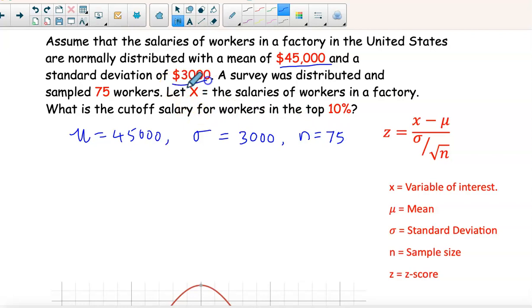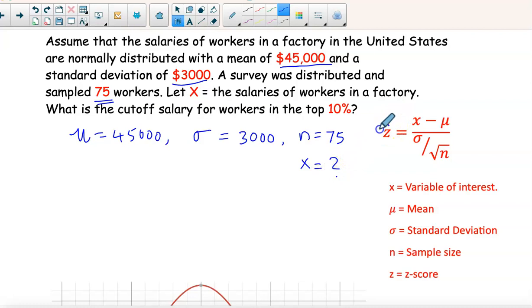So this is sigma, standard deviation, and the sample size, the number of workers who are surveyed is 75. And this X is the thing you are going to find, right? X is equal to how much?